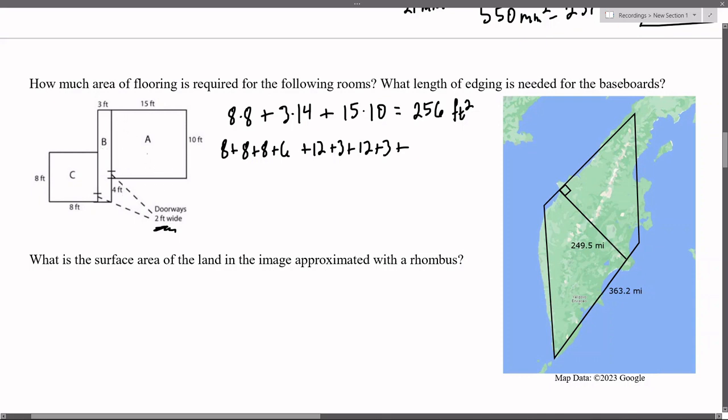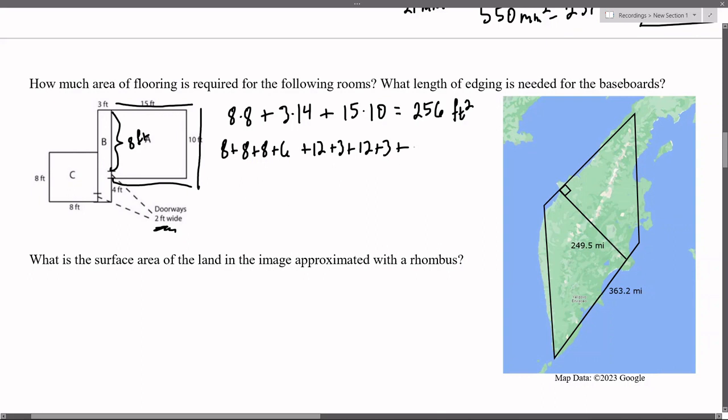And finally, for this final room, we have 15 feet is this one. We have 10 feet here. We have 15 feet again. And then this is 10 feet going up. We need to remove the 2 foot wide doorway. 10 minus 2 is 8. So we want 8 feet for just this portion here.